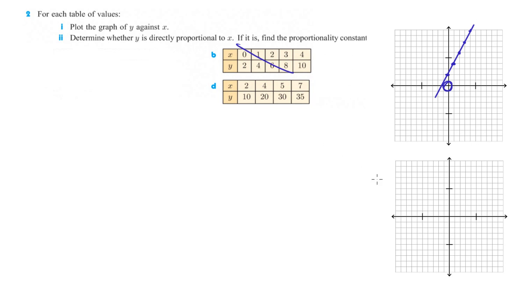For D, we got to go all the way up to 35. So just to make this nice, let's do each of these by 8s: 8, 16, 24, 32, and 40.